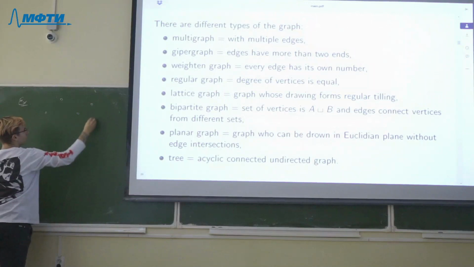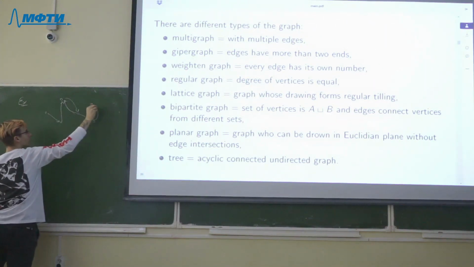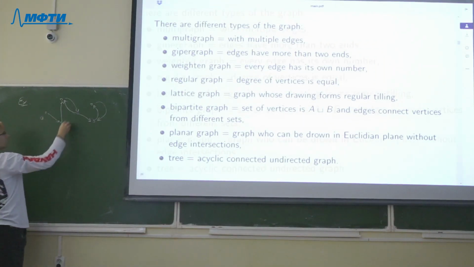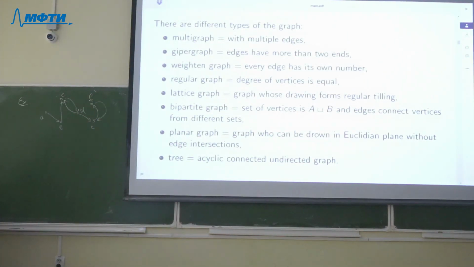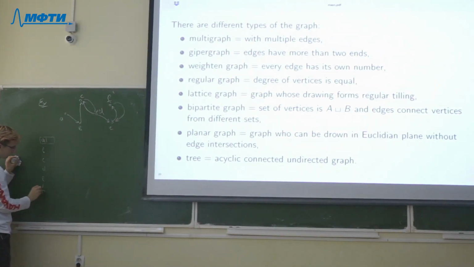For example, we have 6 vertices: A, B, C, D, E, F. So we start every row as a node with the name of the vertex: A, B, C, D, E, F. Okay.